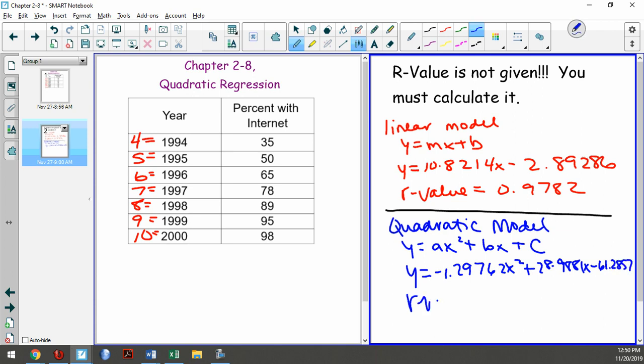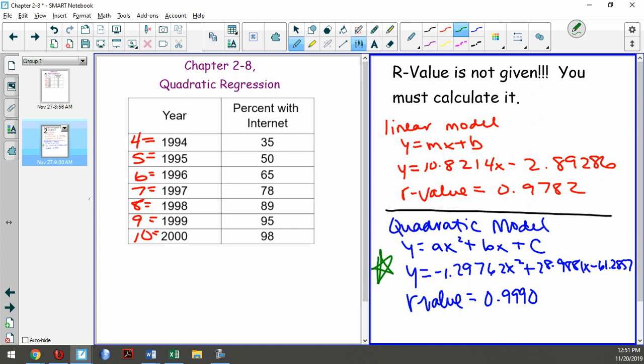And then my R value is the square root of that, so it's 0.9990. Okay, now, according to R value, the quadratic model wins out over the linear model. Do we all understand that, yay or nay? Why does it win out? Because which R value is closer to 1? The quadratic model is closer to 1.